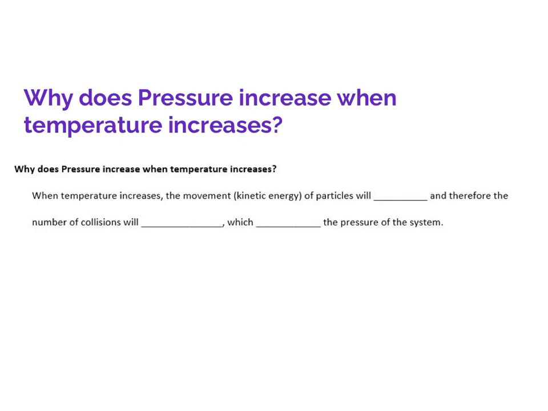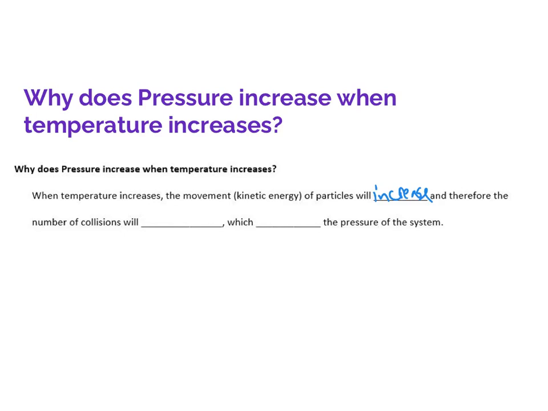So let's try to combine this. Why does the pressure increase when the temperature increases? And there's a couple words we want to use in our explanation. When the temperature increases, the movement of the particles will increase. So we want to write increase.